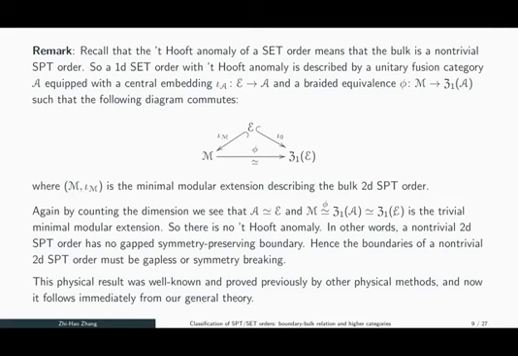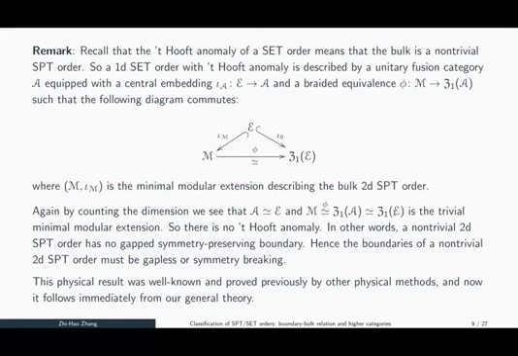Yes. So I will make sure. A is a 1D SET. Yes. And after gauging the symmetry of the 1D SET order, you get another topological order, described by B, right? Right.